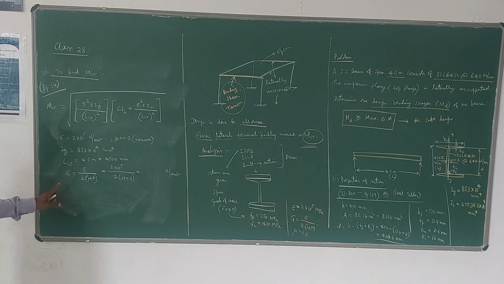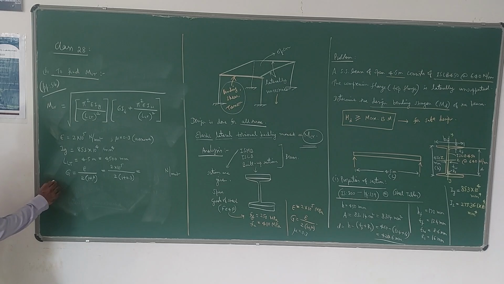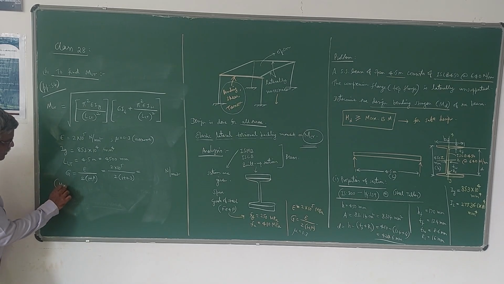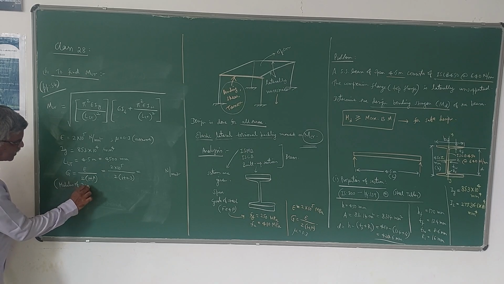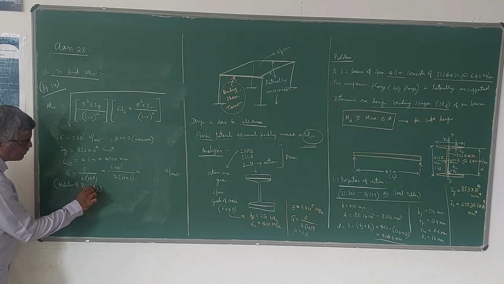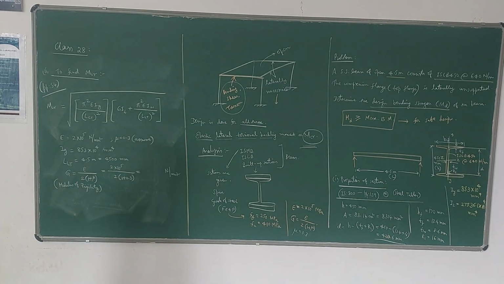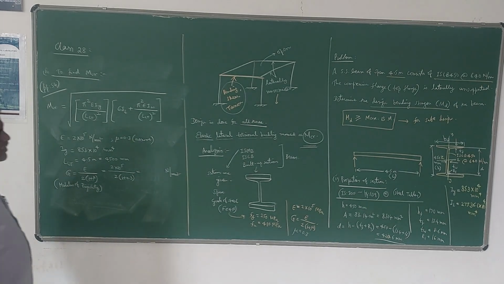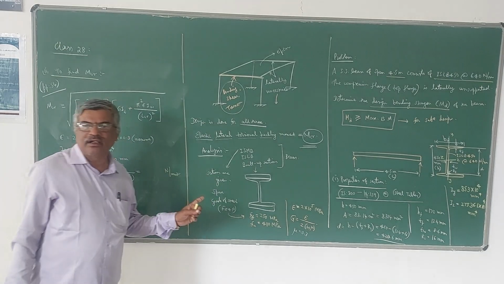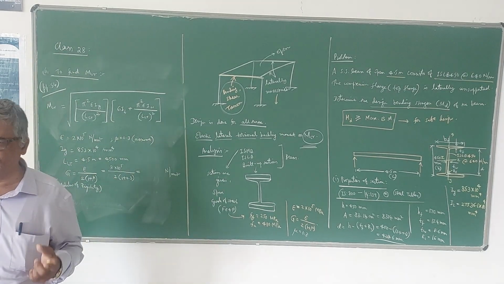G is the modulus of rigidity and E is the modulus of elasticity. Modulus of rigidity is nothing but shear stress divided by shear strain within elastic limits. Since the shear effect is also there here, we have to consider G also.